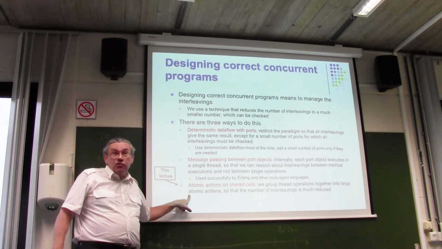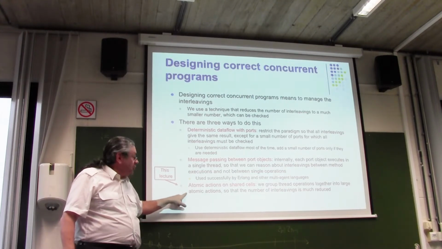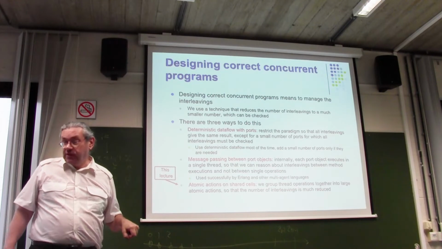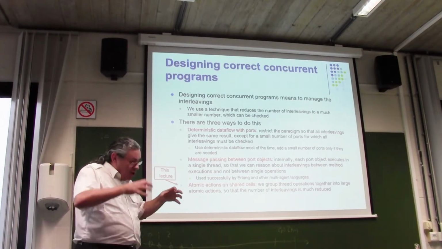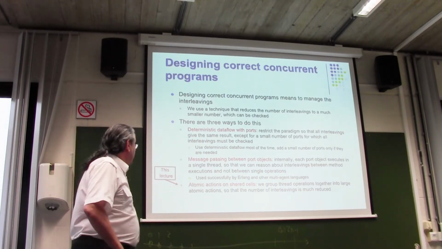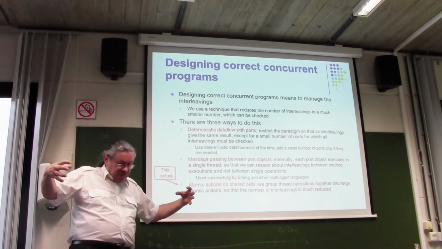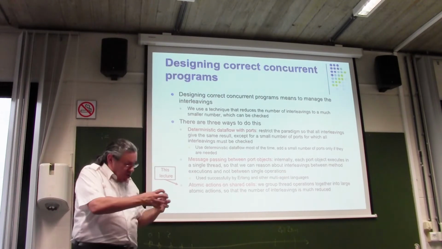This is how transactions work, this is how monitors work, and it's all based on locks, which are the basic way of building big atomic actions. So the idea is to group operations together so you have big atomic actions. And if they're big enough, then it's a little bit like the port objects.